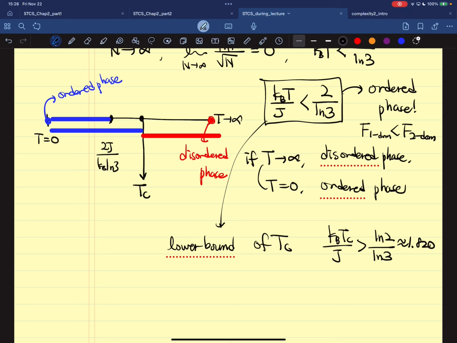And we know that from the Onsager solution, the exact value of Tc is 2 kb. Let's see. It should be 2.2689 something.